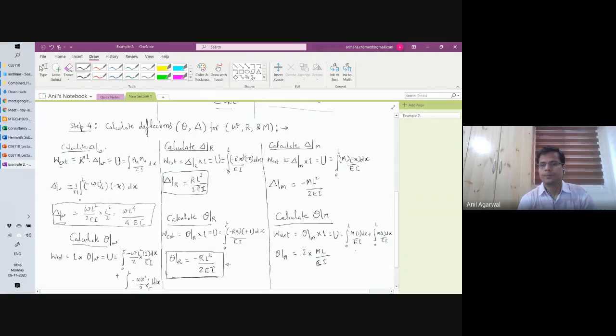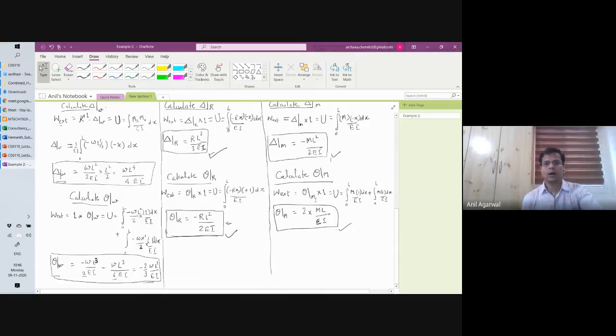Fine. So this is the deflection and rotation because of M, and these are deflections and rotations because of R. These four terms are my flexibility matrix terms. I just need to take R and M out to call them flexibility matrix terms. And these are the right hand side of that equation.